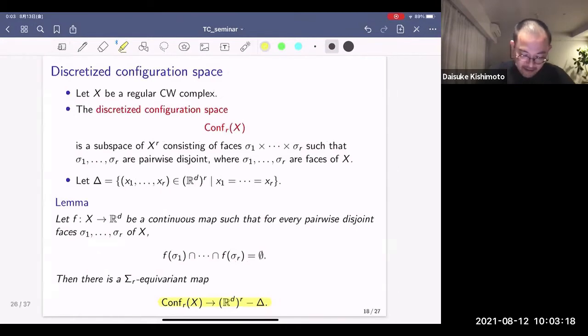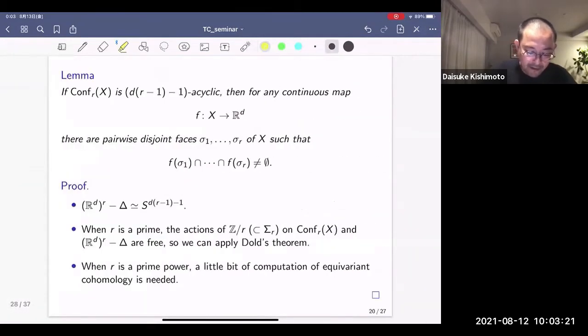But we are assuming that the configuration space has this acyclicity. It's impossible. Okay.